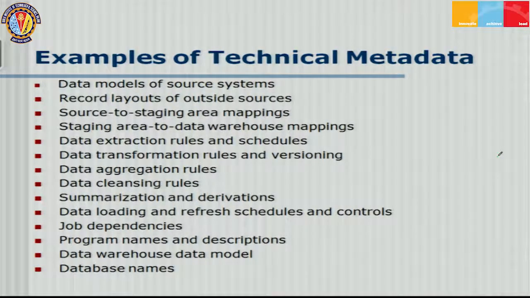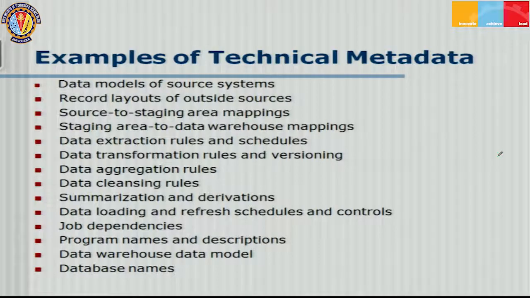And again, the technical metadata collects information about so many things: data models, record layouts, source to staging area mapping, staging area to data warehouse mapping, because as you know, during the staging area we may not want to put them in a very structured manner. So there is a source to staging area mapping, data extraction rules, data transformation rules, data aggregation rules, cleansing, and now you can see that there is a significant overlap with the data acquisition metadata that we talked about.